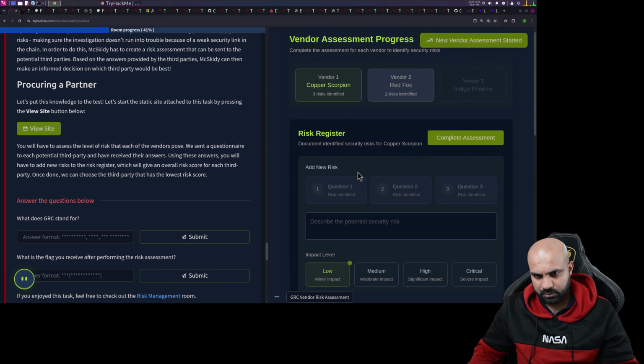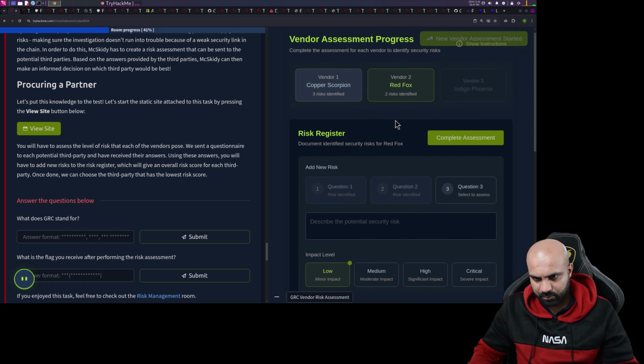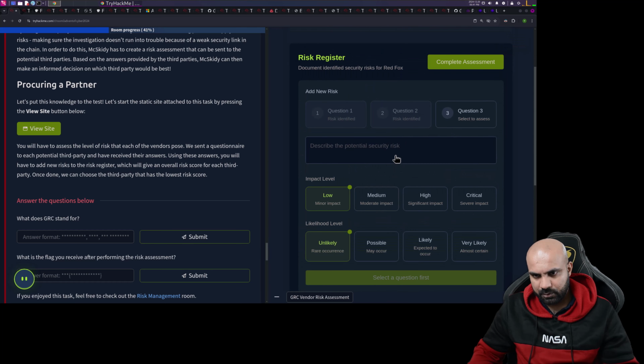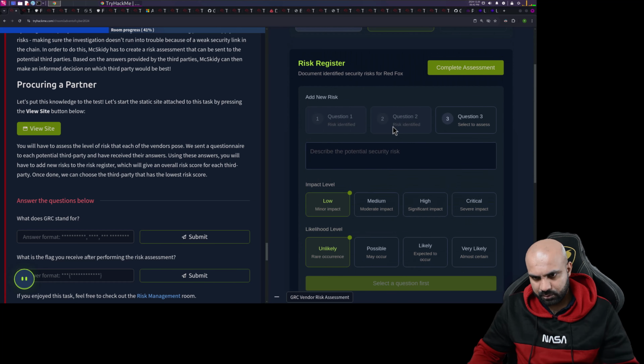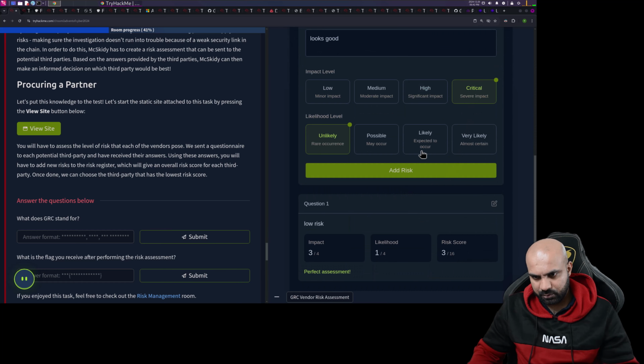Okay, wait. What was the risk for question 2 here? We went with 4-3. We went with 4 and let's go with 2.